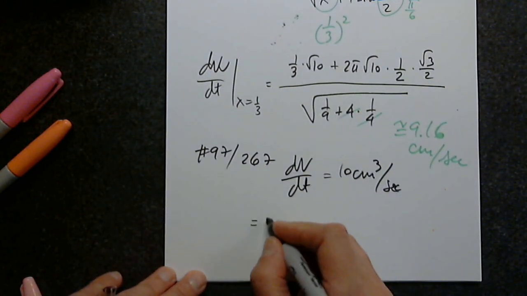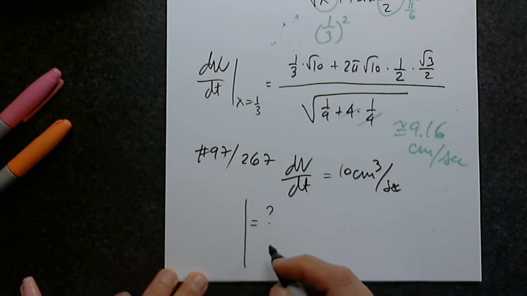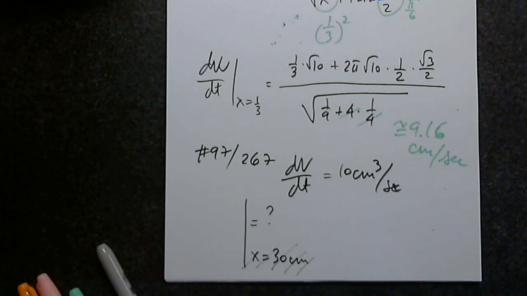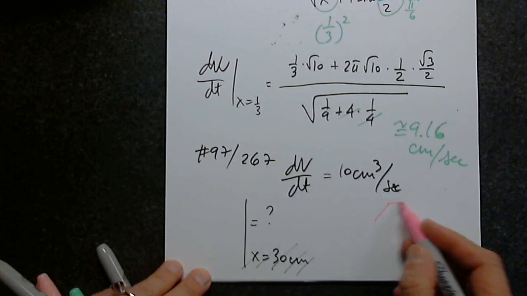So what am I asked to find? When x, the edge, is 30. Remember, this cannot be put into play just yet. We're asked to find how fast is the surface area increasing when the length of the edge is 30. Okay. Here is the cube.